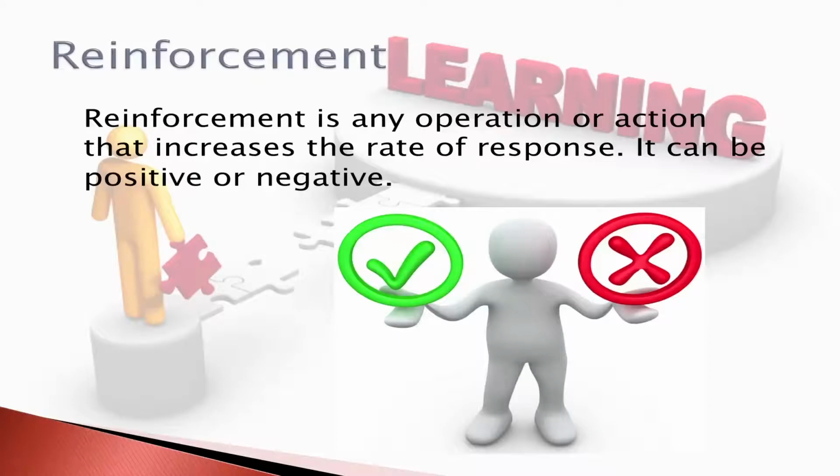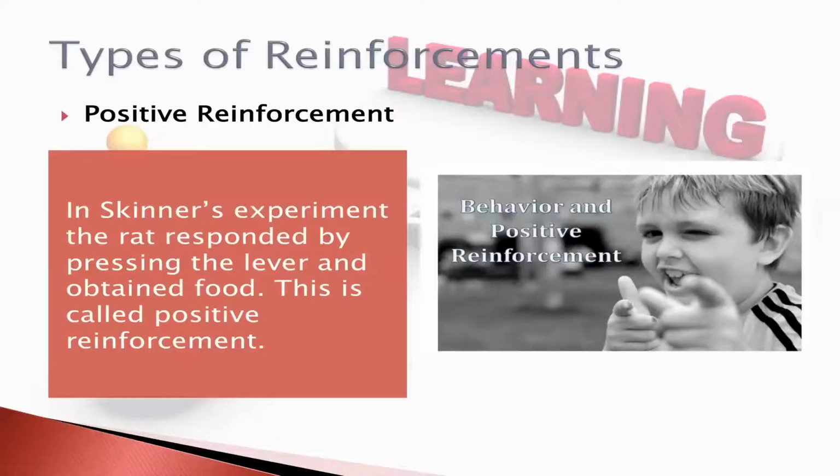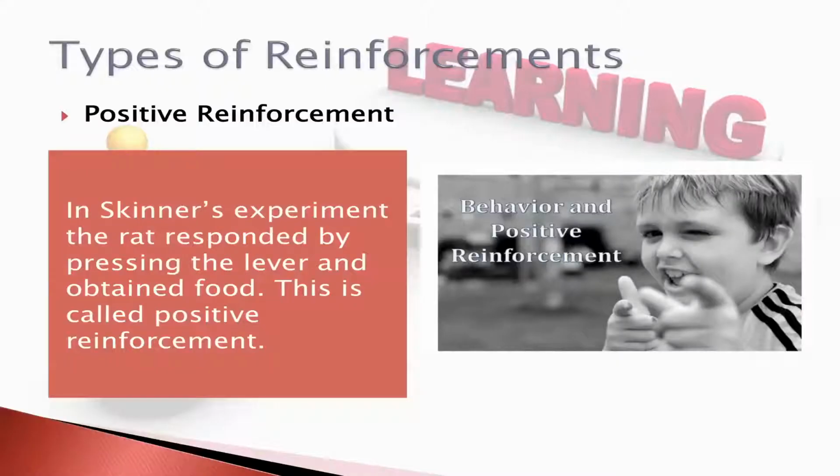Reinforcement is any operation or action that increases the rate of response. It can be positive or negative. Let us understand the different types of reinforcements. Positive reinforcement. In Skinner's experiment, the rat responded by pressing the lever and obtained food.